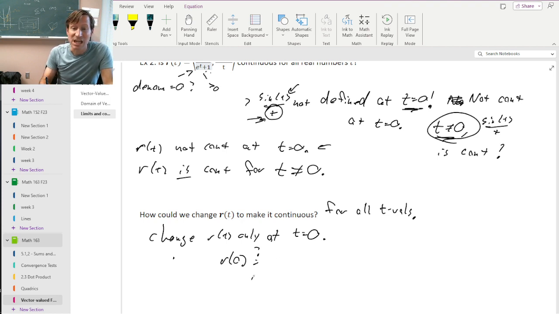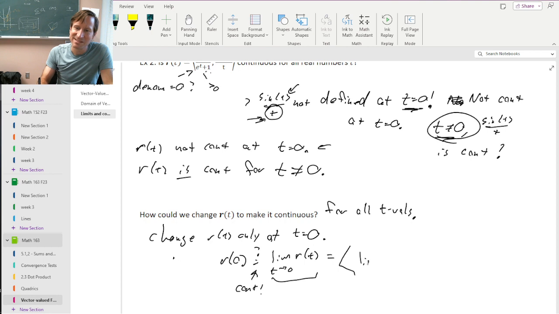Well, if we want continuity, then r of 0 is going to have to be equal to the limit as t goes to 0 of r of t, right? So what is the limit as t goes to 0 of r of t?